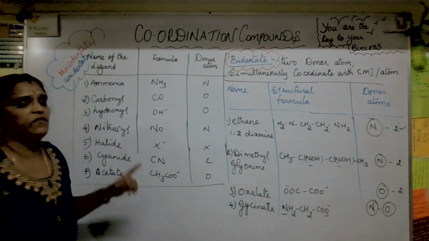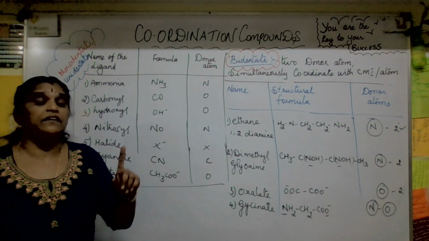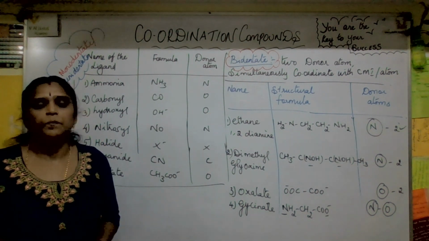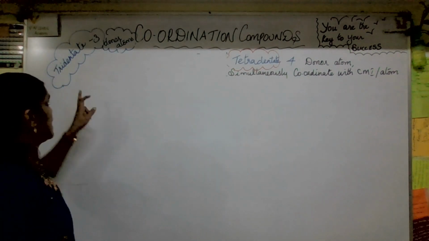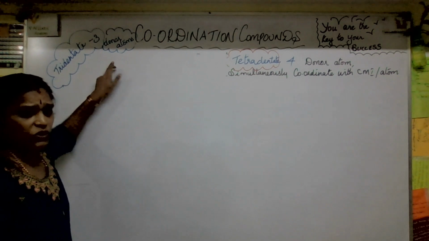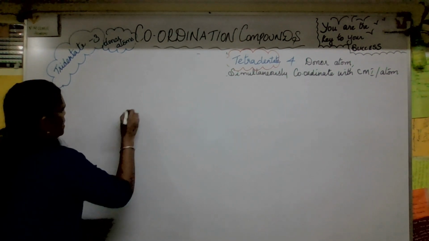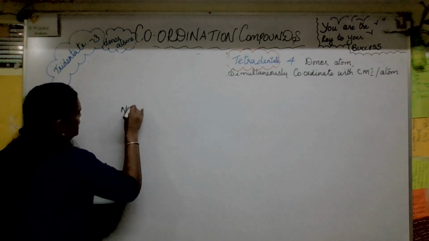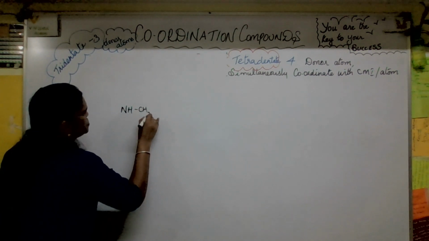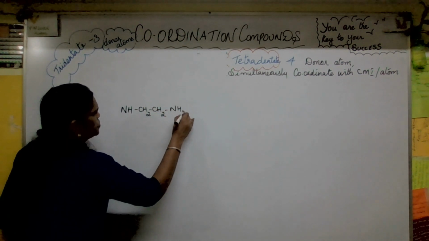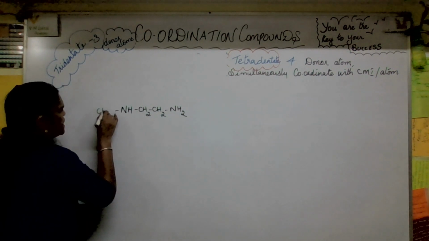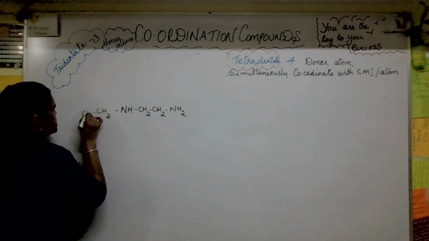Now the next one we are going to see, tridentate and tetradentate, because those points are also very important. Tridentate: three donor atoms to the central metal ion. Now I'll give the example: NH2 CH2 CH2 NH CH2 CH2 NH2.